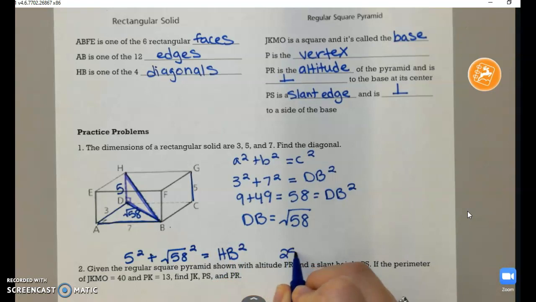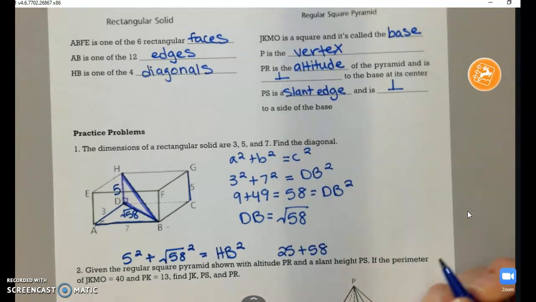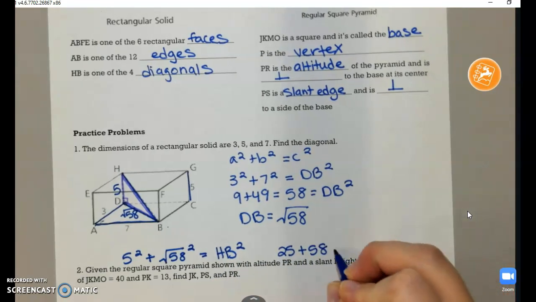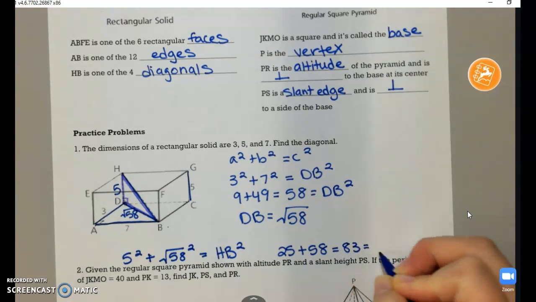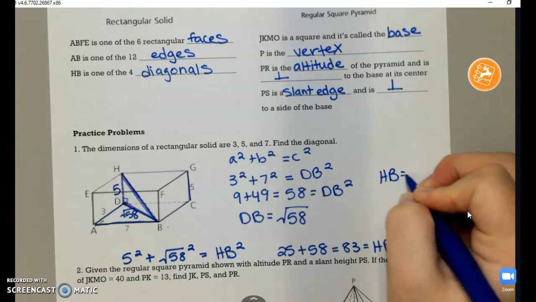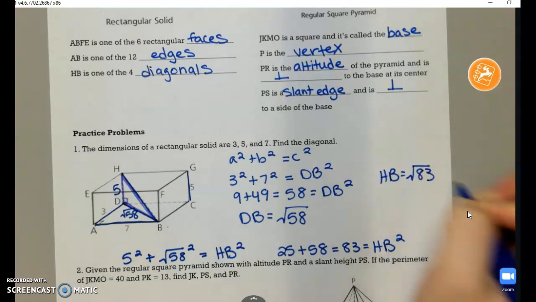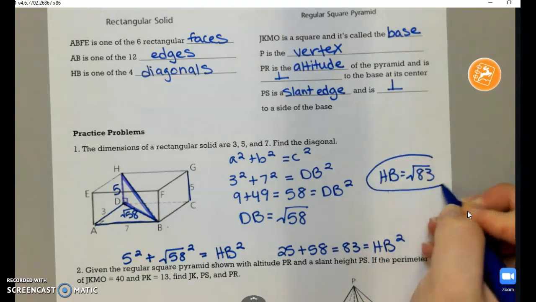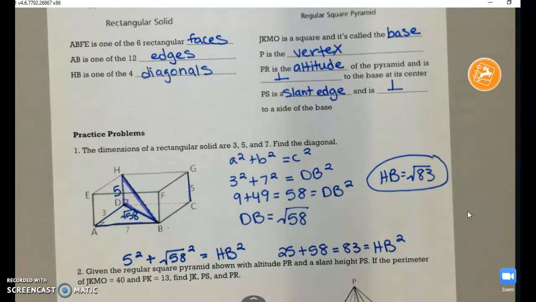So that's going to be 25 plus 58, which is 83. So HB is going to be the square root of 83, and that does not simplify. So that is my final answer.